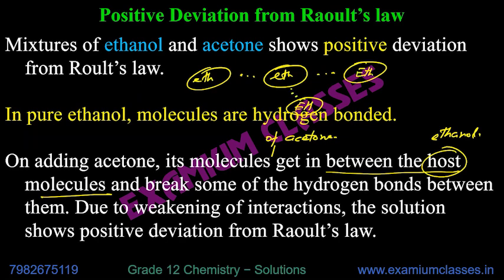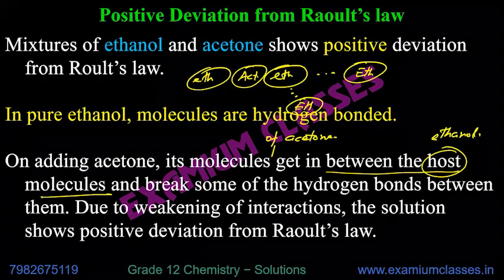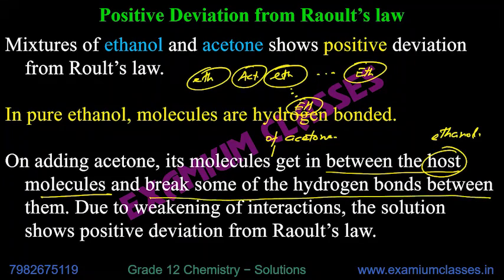But when acetone is mixed, a few acetone molecules come in between. These acetone molecules break the hydrogen bonding, and they themselves do not form hydrogen bonds with ethanol. So they break some of the hydrogen bonds.